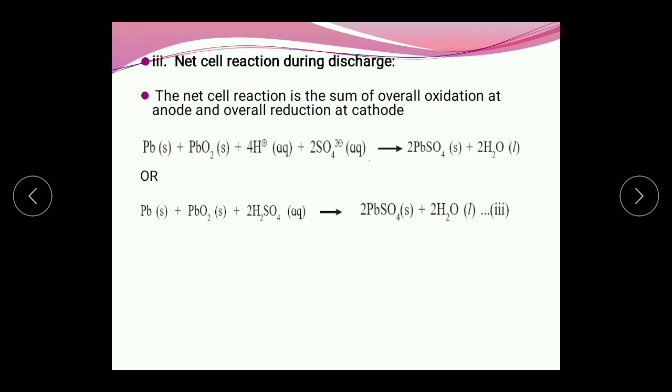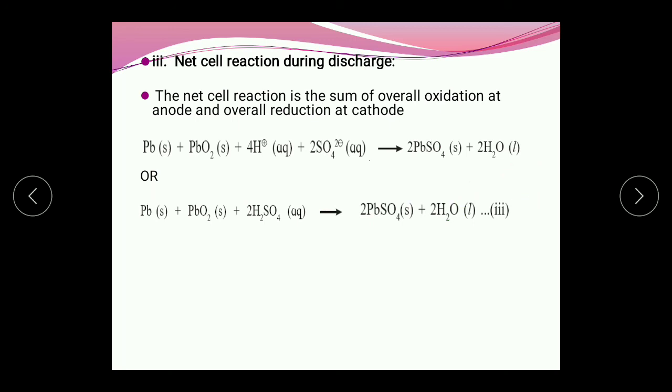If you write them below one another, then the left side we add to the left and the right to the right. We get Pb plus PbO2 plus 4H plus twice SO4 minus 2 gives twice PbSO4 plus twice H2O.